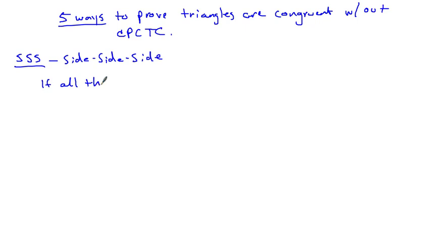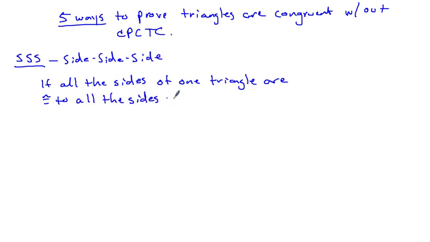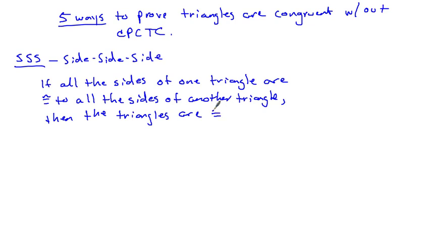So if all the sides of one triangle are congruent to all the sides of another triangle, so that was our if, right? That was our hypothesis. Then the triangles are congruent. And we're going to draw a little picture of what that looks like.